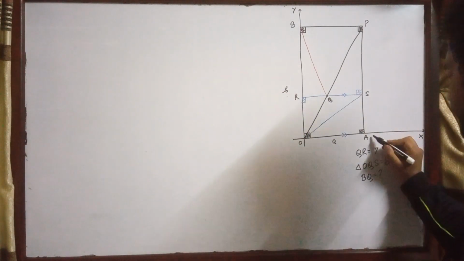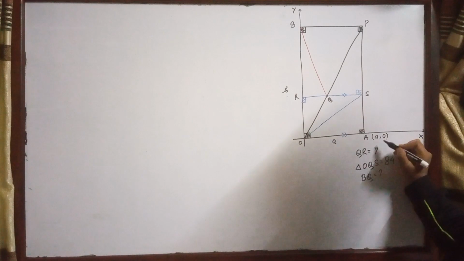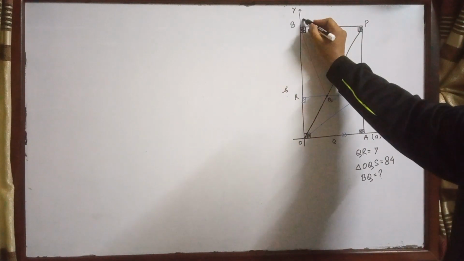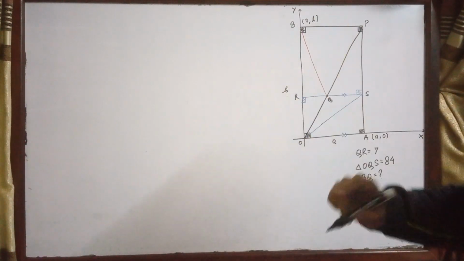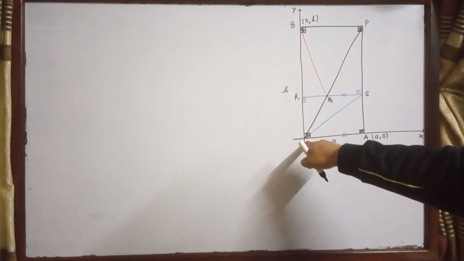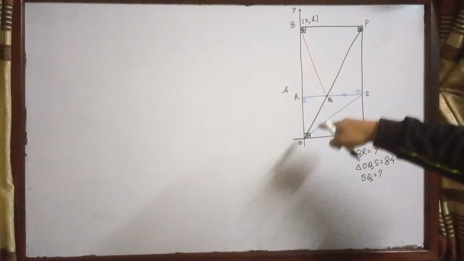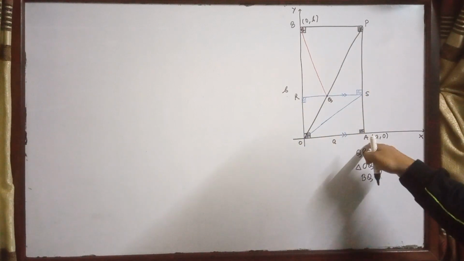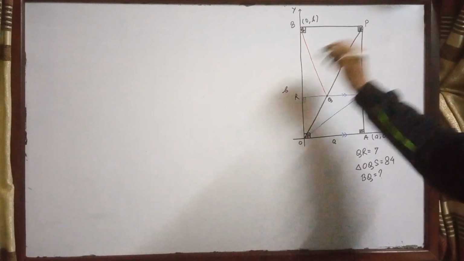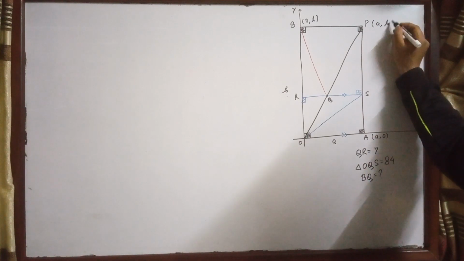Then the coordinates of A are (A, 0), the coordinates of B are (0, B), and therefore the coordinates of P are (A, B).